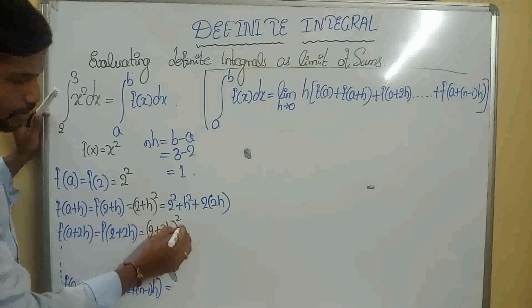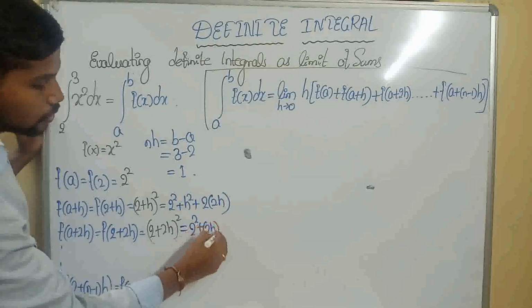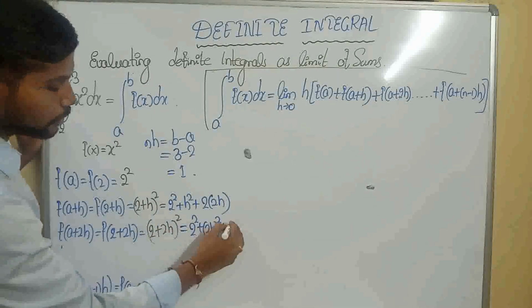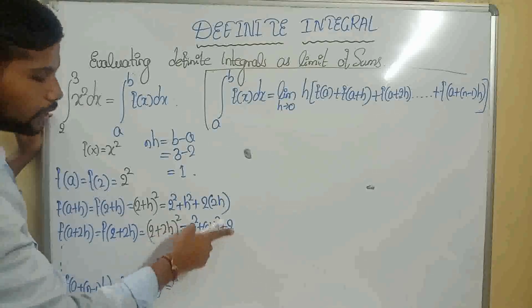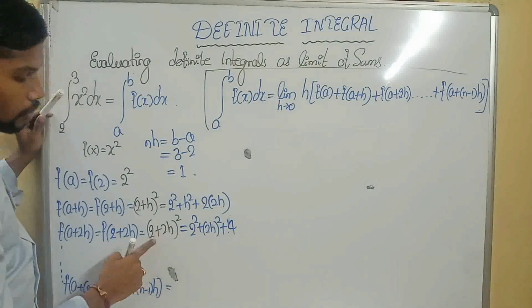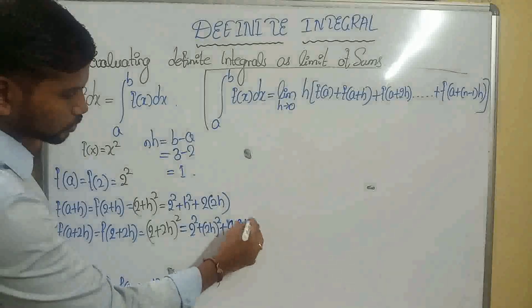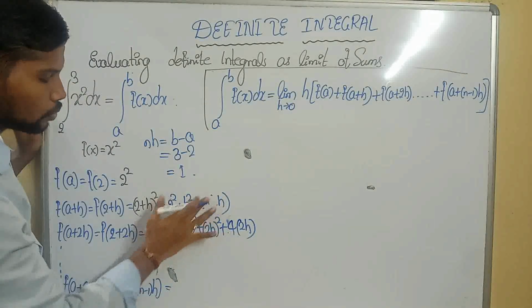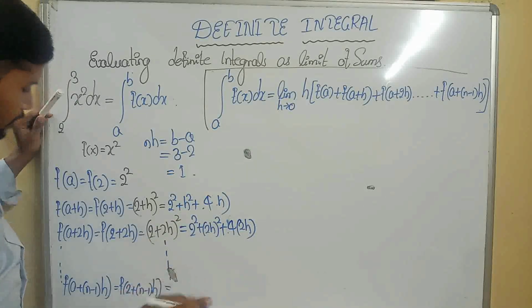I wrote like this. It will be again 2 square plus (2h) whole square plus again 2 into 2, which will be 4, into 2h. So I can write 2 into 2 as 4, and I'll get the regular way. Concentrate here.